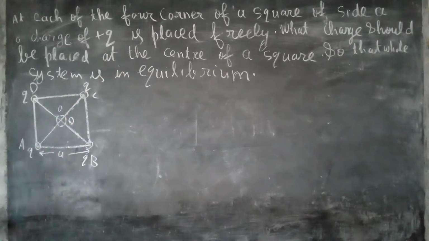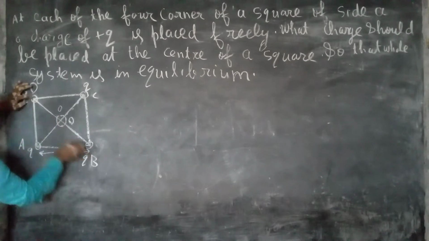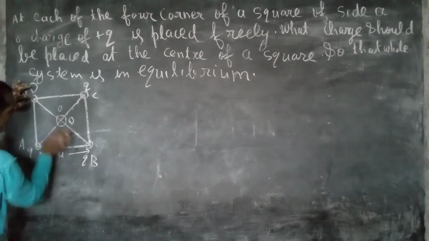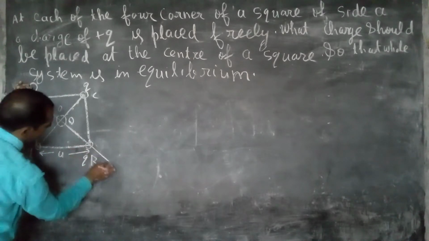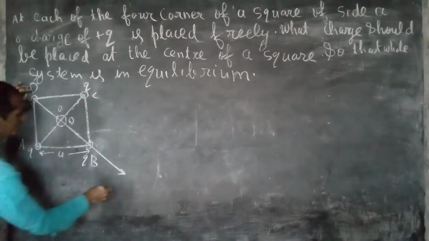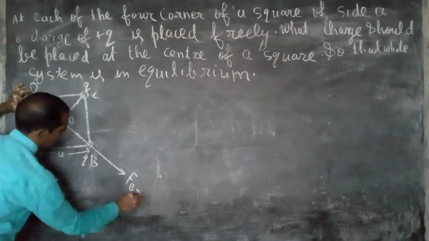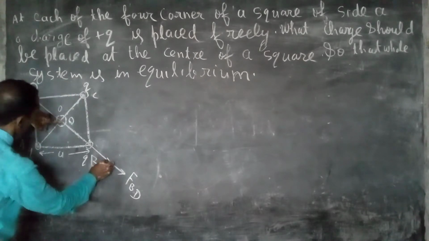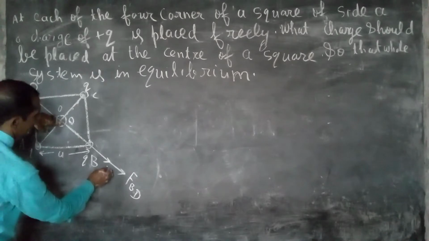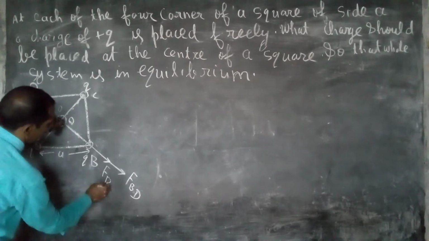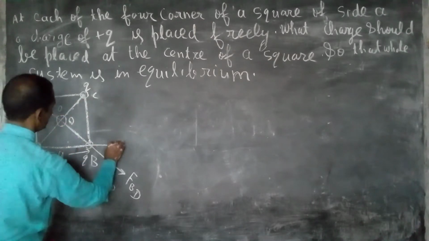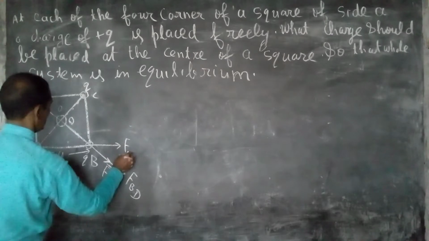So how many forces act on B? Charge D repels B in the DB direction. So this is the force on B due to D. And charge Q at the center also repels B in the OB direction. So this is the force on B due to O. And charge A repels B, so this is FBA.